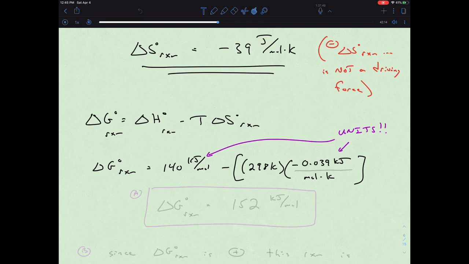In this particular case, I've chosen to change delta S from negative 39 joules per mole Kelvin to negative 0.039 kilojoules per mole Kelvin. And if we add that up and solve for our Gibbs free energy, we get a positive 152 kilojoules per mole. And that is part A.